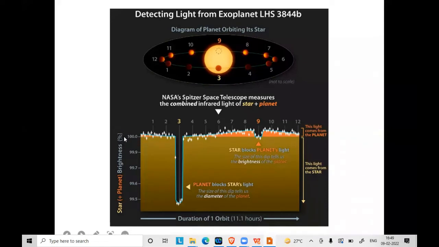When it is not blocking the star, I am observing starlight at 100% brightness. When it starts covering the star's disk, the brightness starts reducing, not very significantly; at most it can reduce to 99.5%.